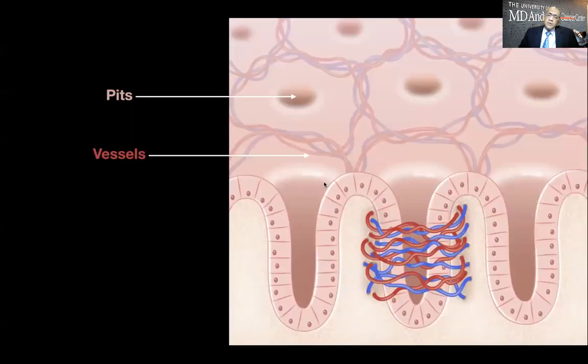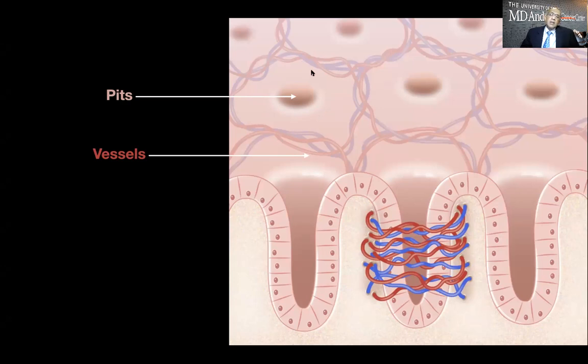When you do dye spray or electronic chromoendoscopy, you're looking at a few things. You're looking at the pit, and you're looking at the vessels surrounding the pit. And this is important to keep in mind. When you have an adenoma, there is going to be much more prominence of these vessels that show up as much browner, and that indicates that you're dealing with not a hyperplastic polyp, but an adenoma. So something to keep in mind.